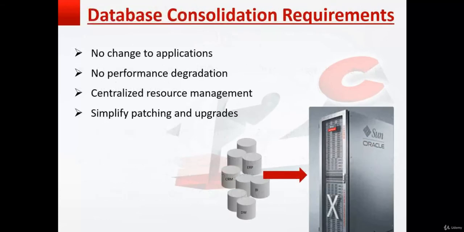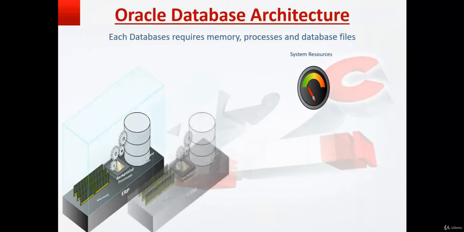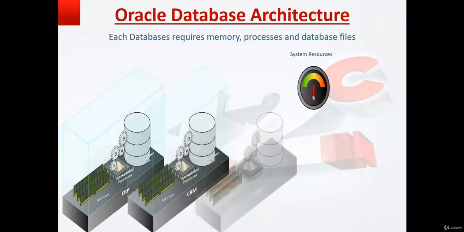So, as a solution, database consolidation requirements: no change to application, no performance degradation, centralized resource management, simplified patching and upgrades. So to keep all this in mind, we have this multitenant architecture.